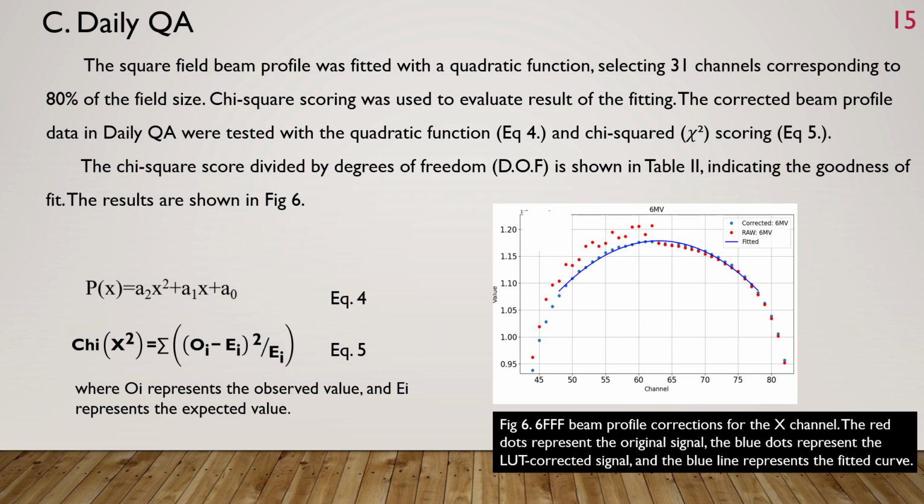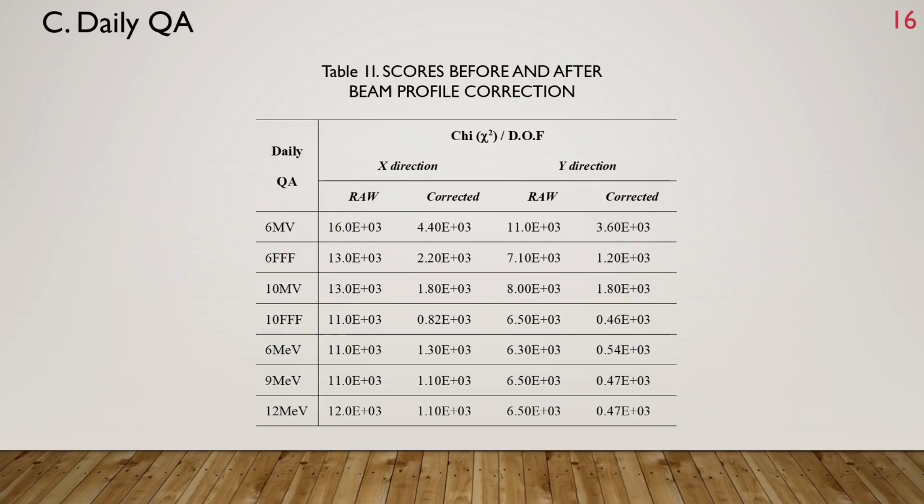The corrected beam profile is shown in Figure 6, where red dots represent the original data. Blue dots and blue line represent the LUT corrected data and the corresponding fitted curve. Table 2 presents the score before and after beam profile correction, demonstrating the effectiveness of the LUT method.